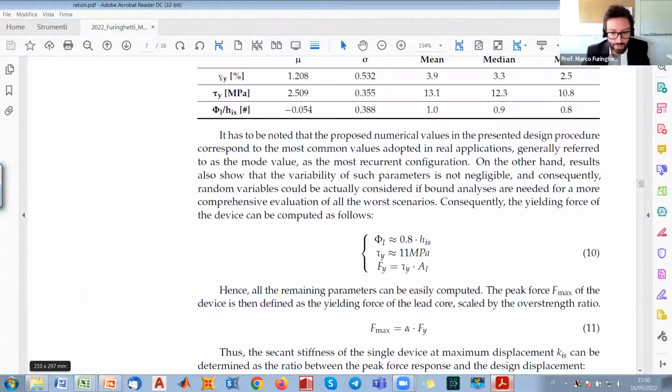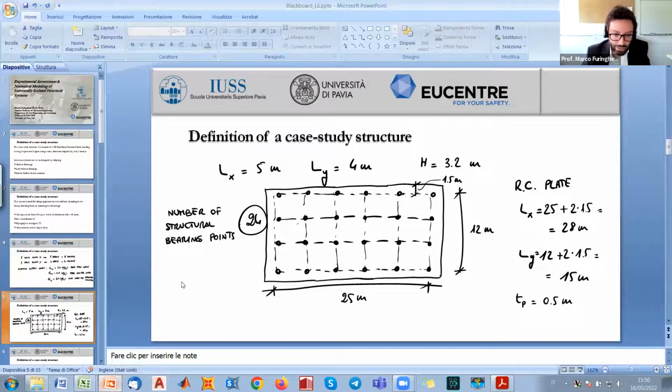This is okay. This could be better, but maybe this means that the best solution that we can provide with the lead rubber bearings for this particular structure is just to consider 4 isolators, and the best solution would be the 4 isolators at the corners of the plan view of the building, and then just providing a flat slider for all the remaining supporting points. Generally, this is not the best isolation system that you can design.